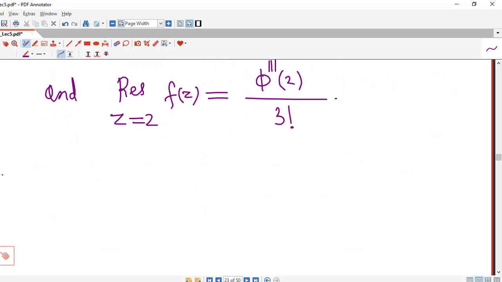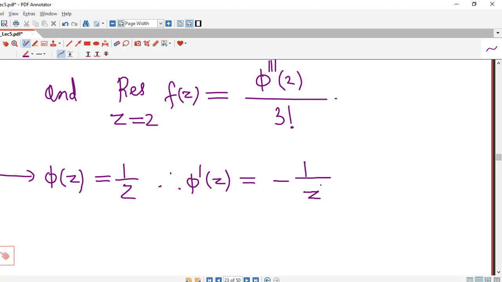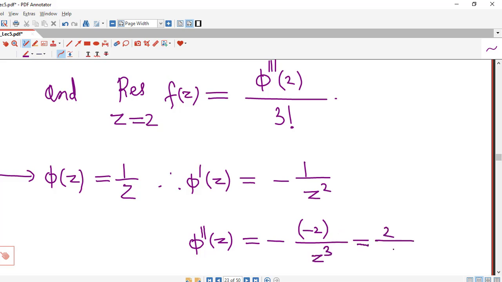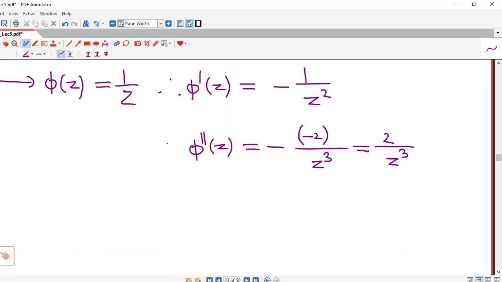So first we have to find the derivatives of this function phi of z up to third order. Now phi of z is 1 by z, so therefore phi dash z is minus 1 divided by z square. Then the second derivative: minus 1 as it is, the derivative of 1 by z square is minus 2 over z cube, and here negative negative is positive, so we have 2 divided by z cube.